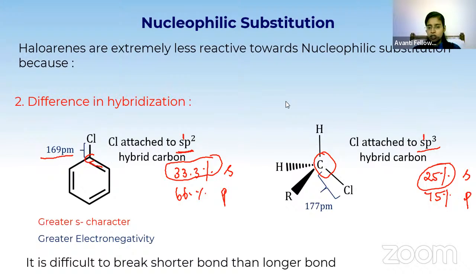It is very difficult to break the shorter bond than the longer bond. So this bond cannot be broken, chlorine cannot come out, and the other nucleophile cannot come here and form the bond. Got it? So the first reason is resonance, the second reason is hybridization. Is it clear?